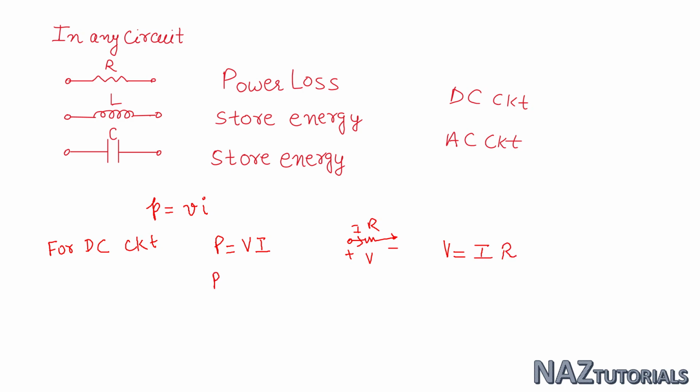So we can write P is equal to V into I, which you can write as V into V by R, or you can say this is V square divided by R. Or from V is equal to I into R, P is equal to I into R into I, or you can say P is equal to I square R. These powers are measured in watt.